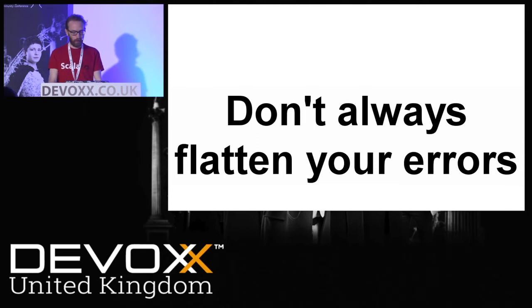Also, another thing I've learned is that you don't always want to flatten errors, like having just one level of errors. Sometimes you want a level of errors related to the user input, but if there is a problem with the database, stuff like that, you may not want to mash them together, user input errors and critical errors like the database is not responding.